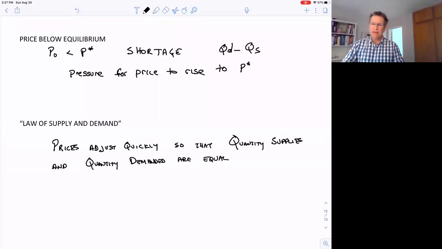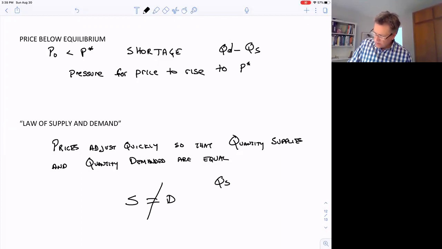Once again, it's not where supply is going to be equal to demand. It's not where supply and demand are equal. It's where quantity supplied is equal to quantity demanded.